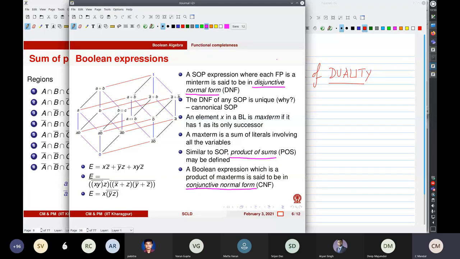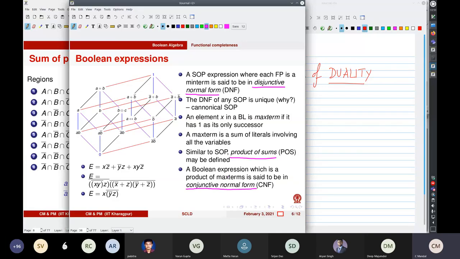Note that this is also a canonical representation, canonical meaning a unique representation. So disjunction means it's a sum and conjunction means product.